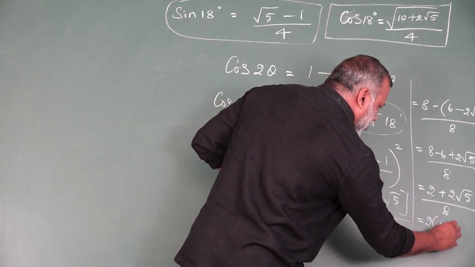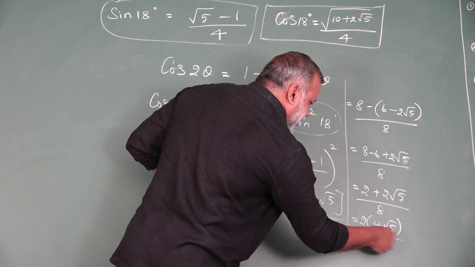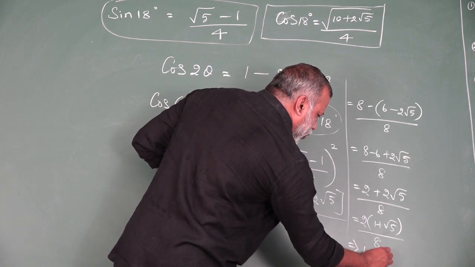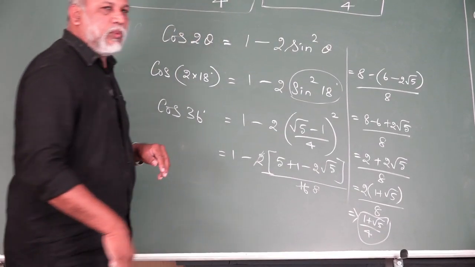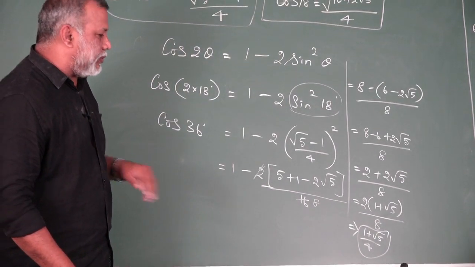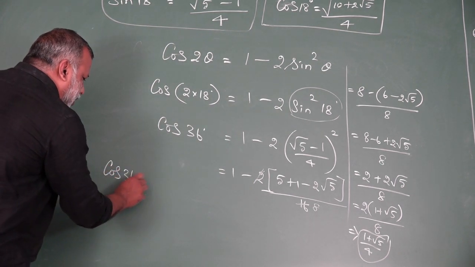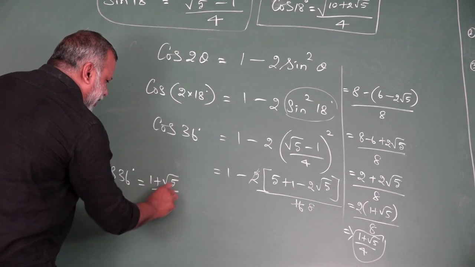The remaining is 1 plus root 5 divided by 8, so 8 and 2 will be eliminated. The final answer is 1 plus root 5 divided by 4. Once again, listen. This is the value of cos 36. So cos 36 is equal to 1 plus root 5 divided by 4.